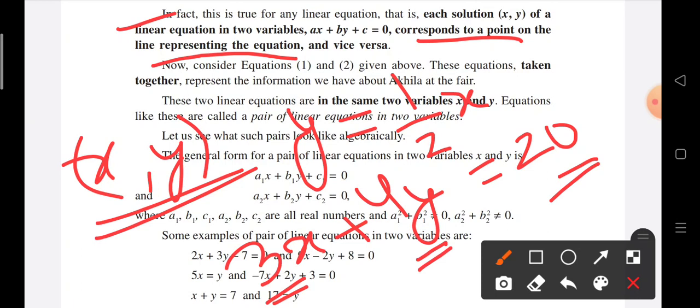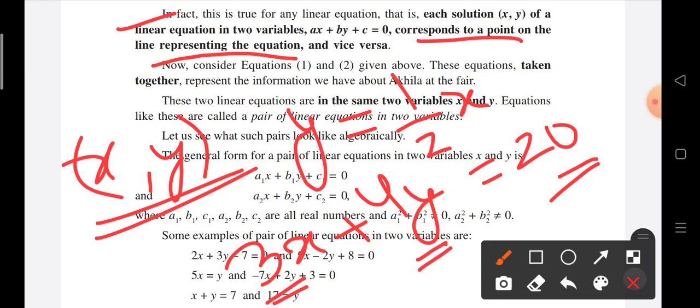Half the times of the rides on the giant wheel. So x is the number of rides on the giant wheel and y is the number of times she played hoopla. So 3 rupees cost for the ride on the giant wheel. So 3 into x plus 4 into y. Y is the number of times she played hoopla, and 4 is the rupees for one game of hoopla. Okay.